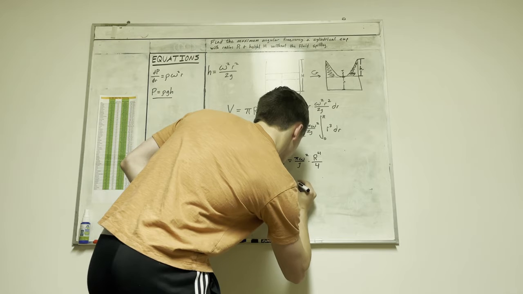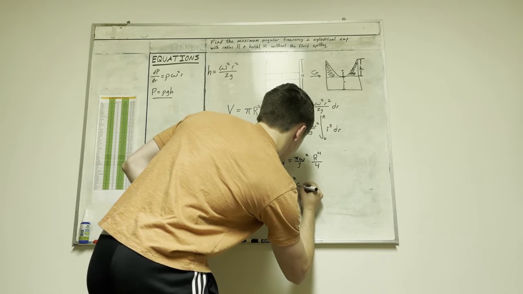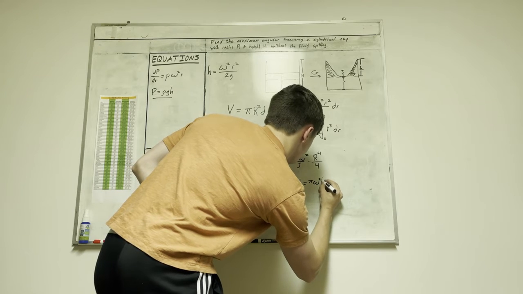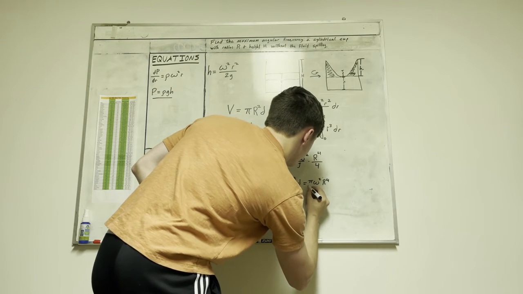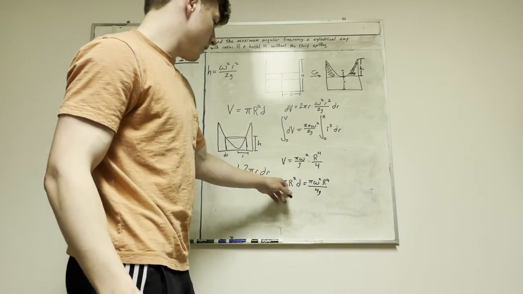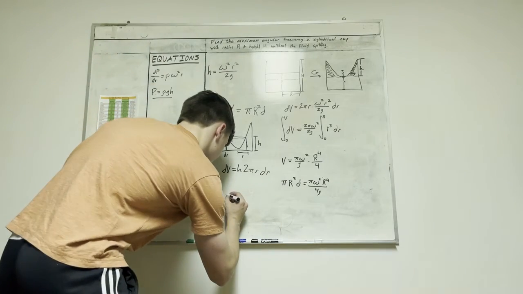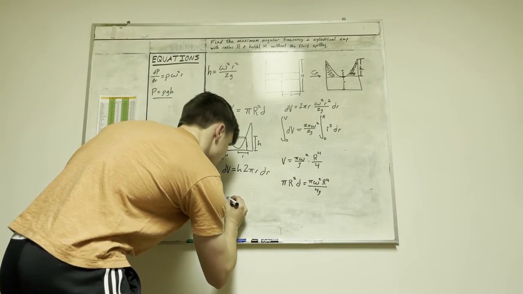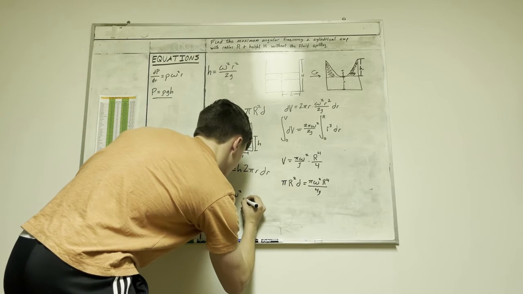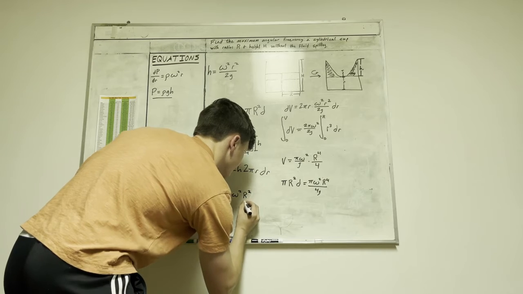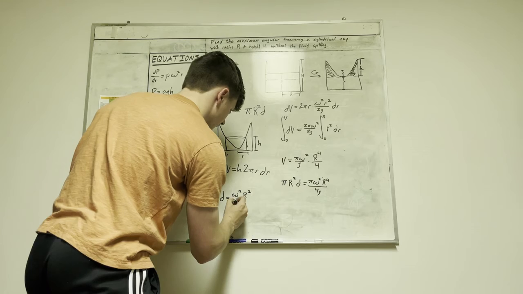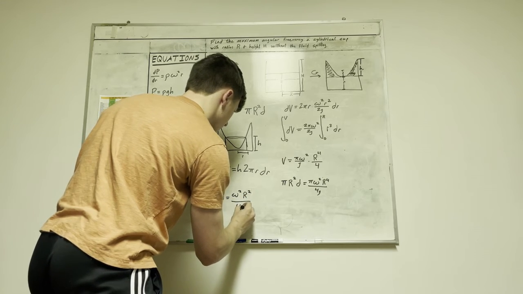Pi R squared d equals pi omega squared R to the 4th over 4g. So then when moving all this over, we'll get the dip, d, equals omega squared R squared over 4g, since the pi's cancel.